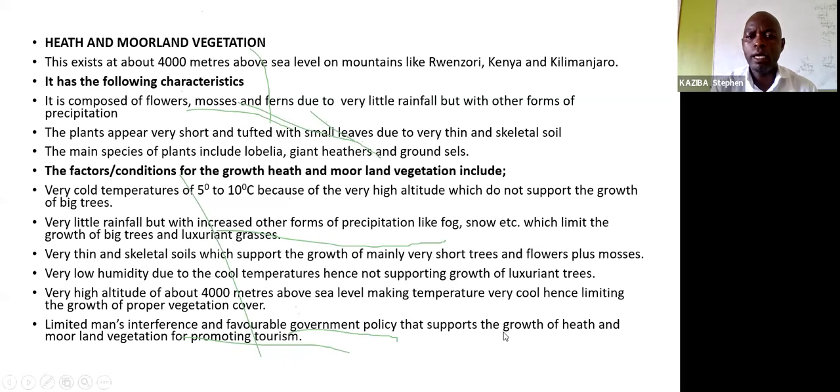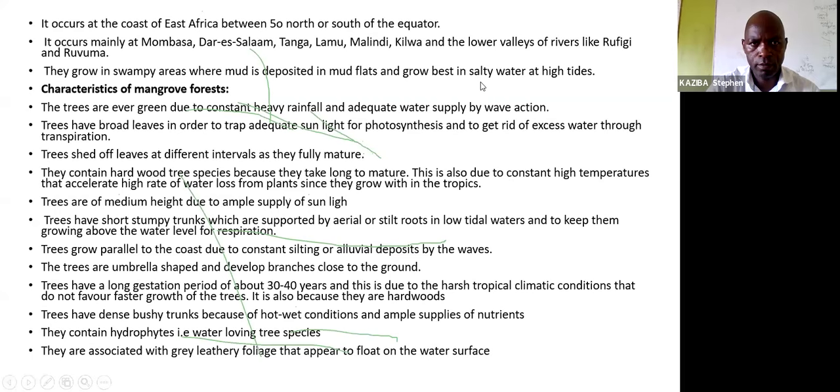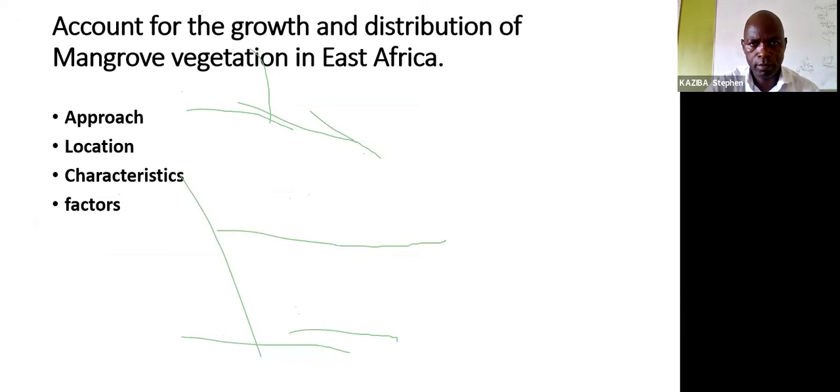The other question we are going to look at is: account for the growth and distribution of mangrove vegetation in East Africa.